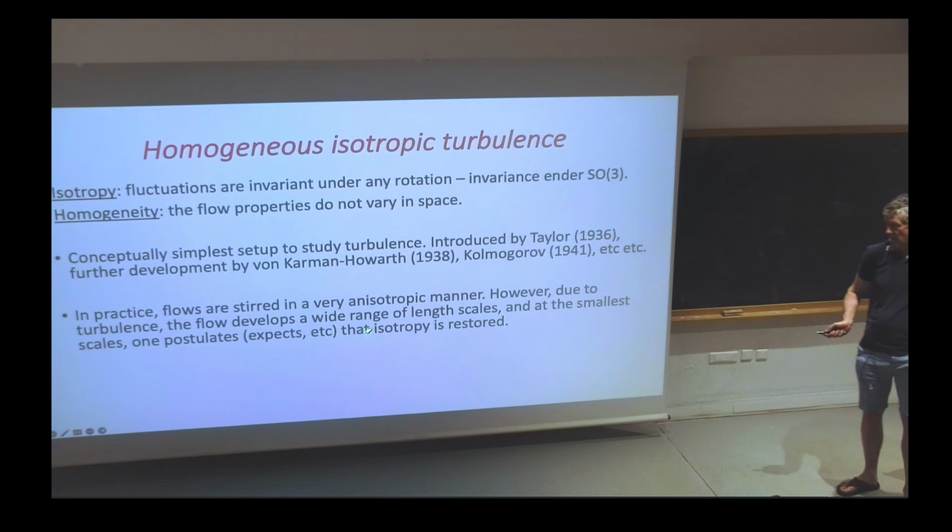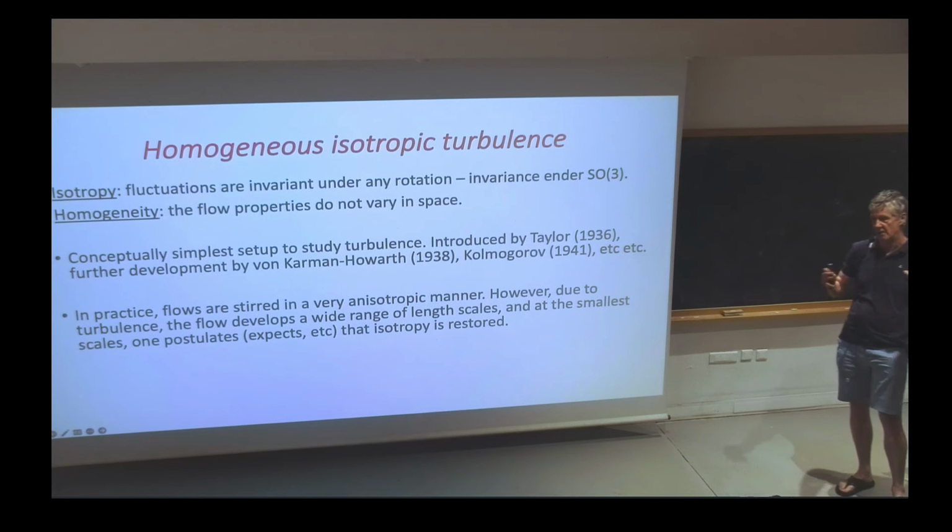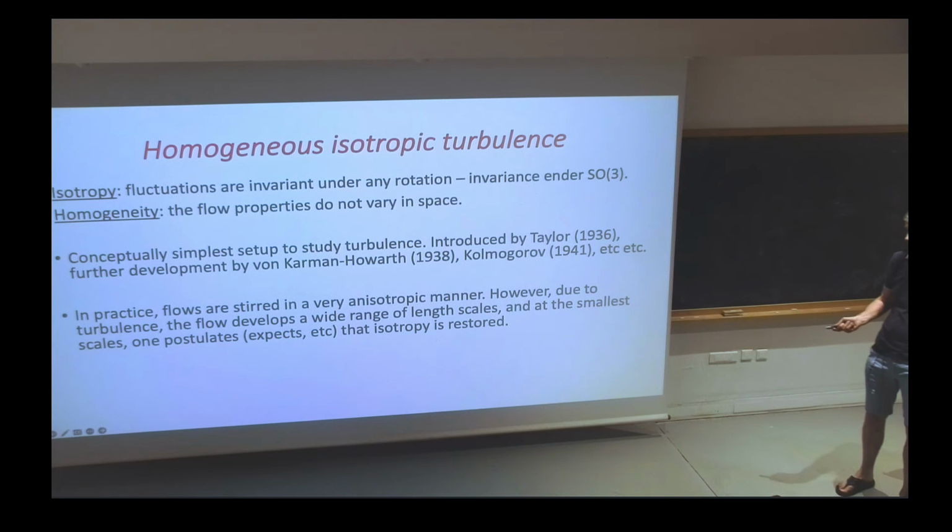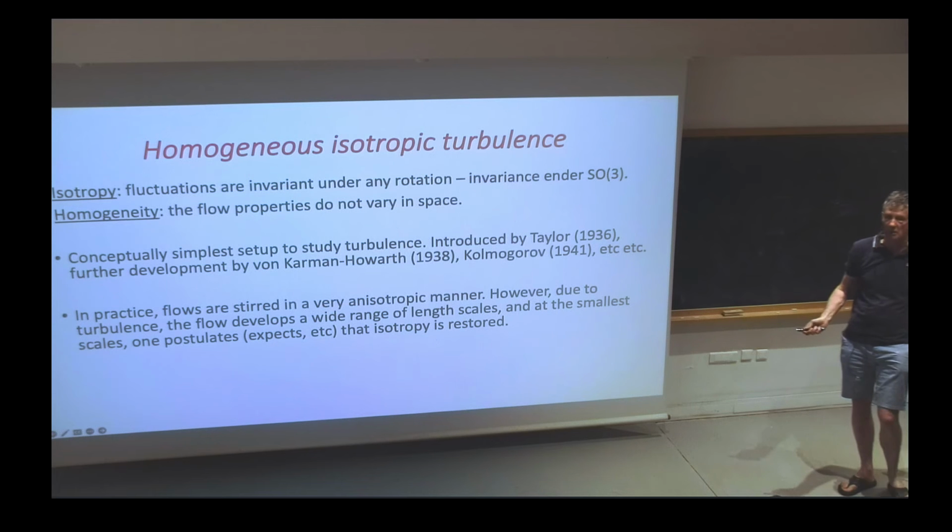And so the notion is that, sure, the flow at the very largest scale is completely anisotropic, completely crazy. I mean, this homogeneous isotropic turbulence thing is completely ridiculous. However, when you go down to smaller scales, chances are that things will become isotropic.